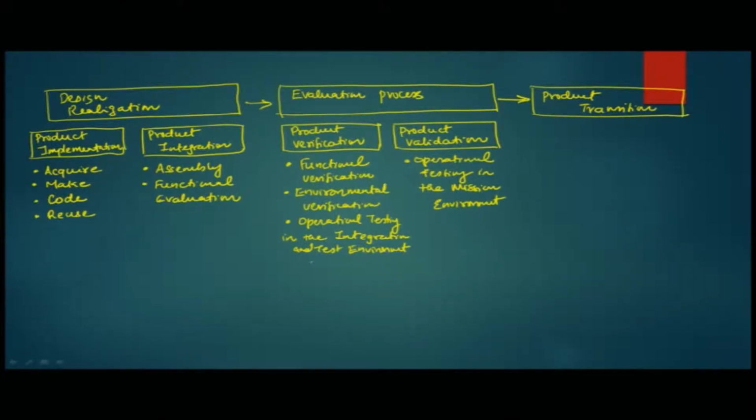So, this happens in the ITE environment, the integration and testing environment, whereas this happens in the mission environment. Then, the last case is the delivery to the stakeholder and operational system.